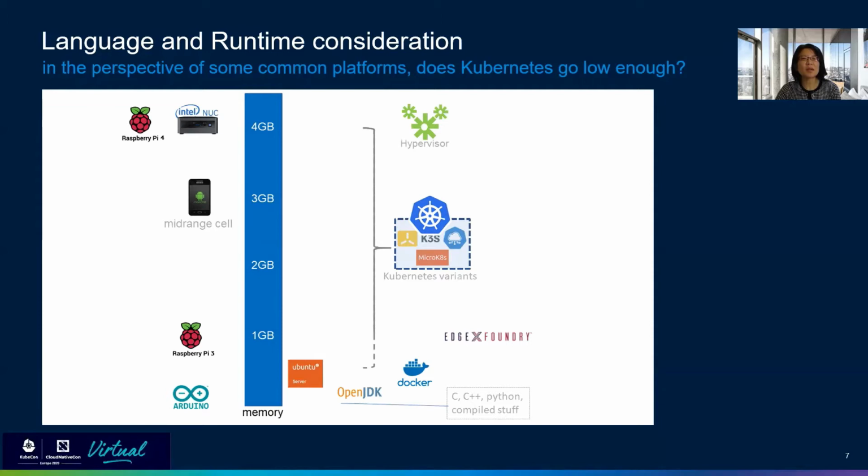Operating system can be Linux, Ubuntu, CentOS, or Windows, or Android. Underlying infrastructure can be bare metal, virtual machine, K3s, MicroK8s, KubeEdge, or full Kubernetes cluster. Based on different use cases and scenarios, one will have to pick and choose.